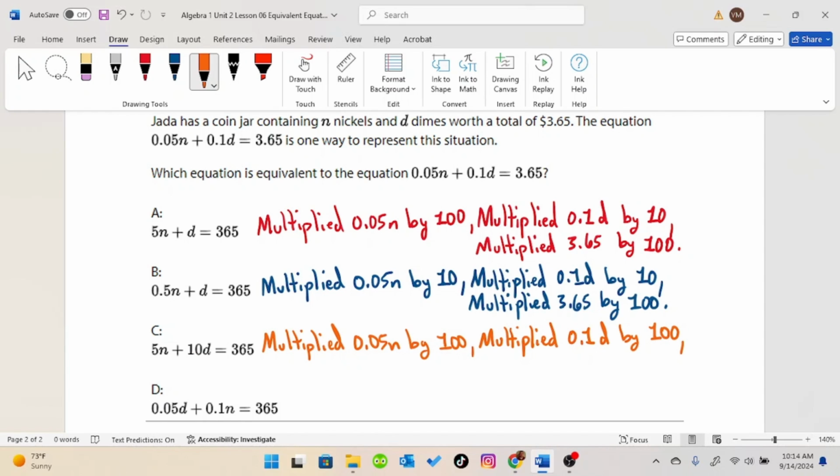And finally, to go from 3.65 to 365, they also multiplied by 100. Because they multiplied every part of the equation by the same amount, this is an equivalent equation. So C is the correct answer.